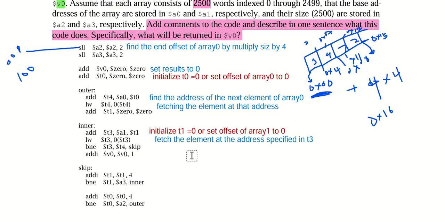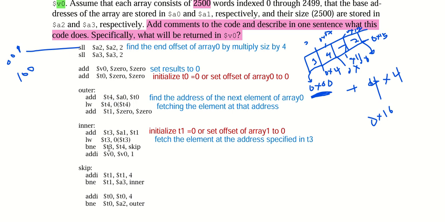Then the next one, it says branch not equal. Branch not equal, you realize that we are comparing T3 and T4. Now, we don't know what is in T3 and T4, so let's go back. Remember that here, what was T4? T4 was this one. Remember that we fetch the element in the first array, right, and put it into T4.